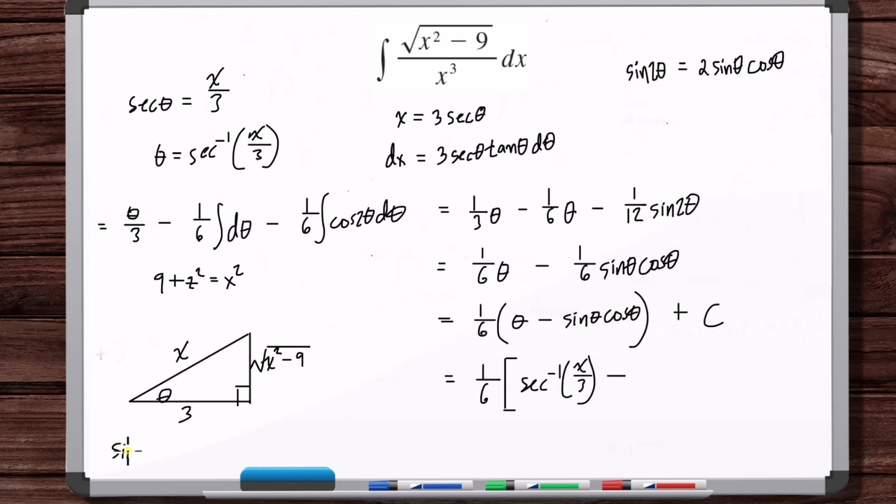And so now we can say, what is sine theta times cosine theta? Sine theta is opposite over hypotenuse. Cosine theta is adjacent over hypotenuse. And there you go.